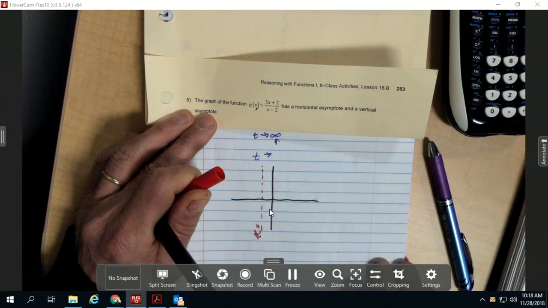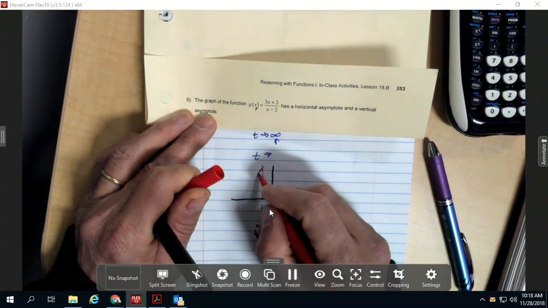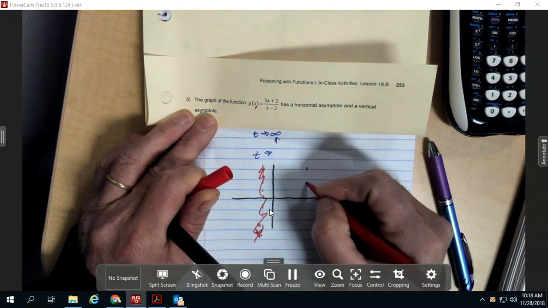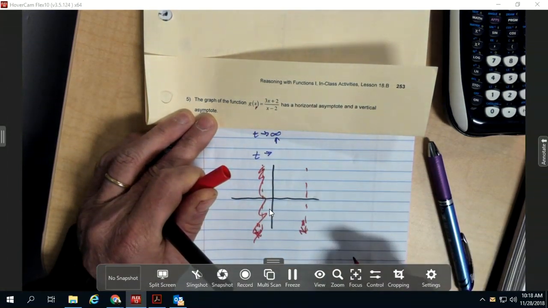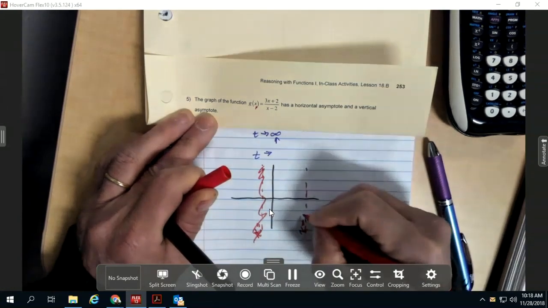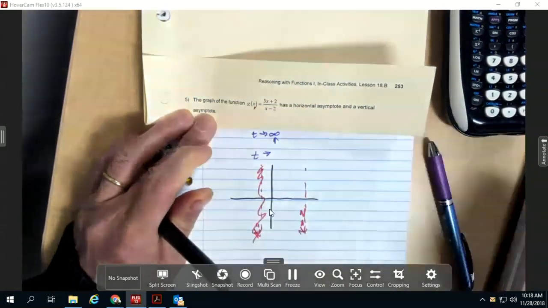You could go to Desmos if you want to, but by now you should be able to do it just from the equation. Oh, I have it on the wrong spot. Sorry about that. X equals 2. What's the address of the 0?